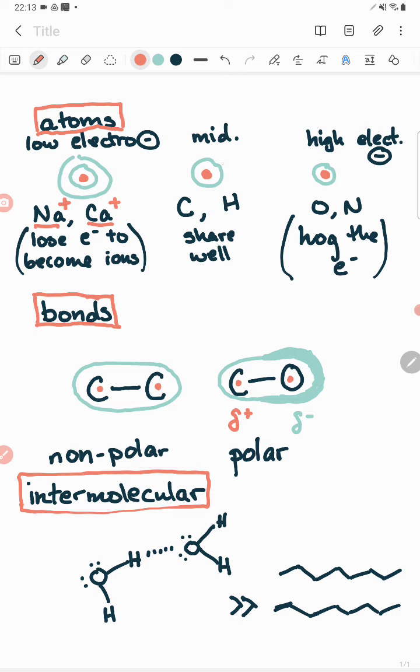Or you can have atoms that have mid-level electronegativity, and these atoms, such as carbon and hydrogen, which share well, you'll see often involved in non-polar interactions. So these will be making up things like fats, so anything that is relatively hydrophobic.